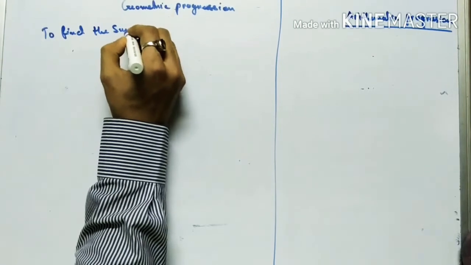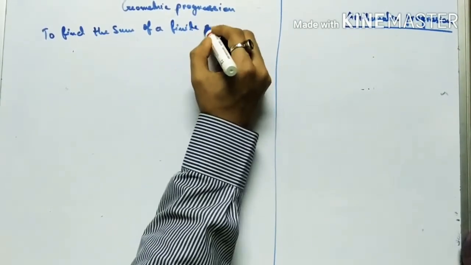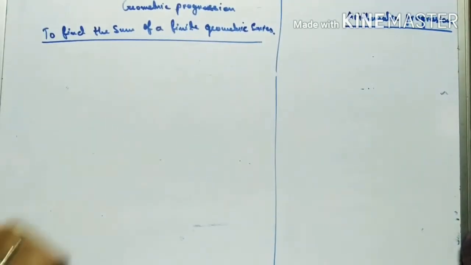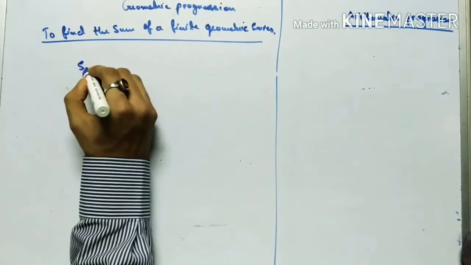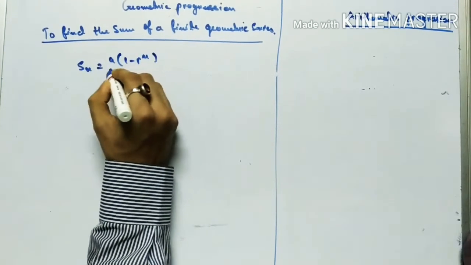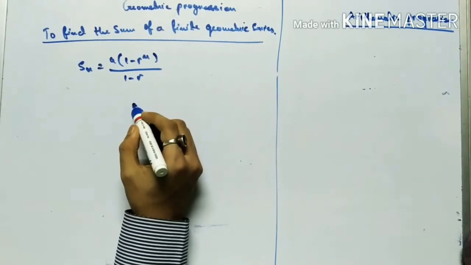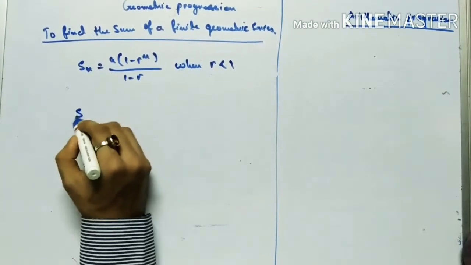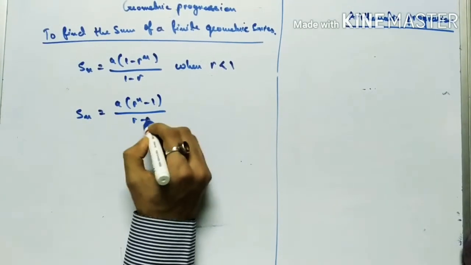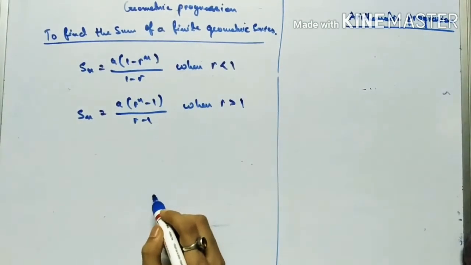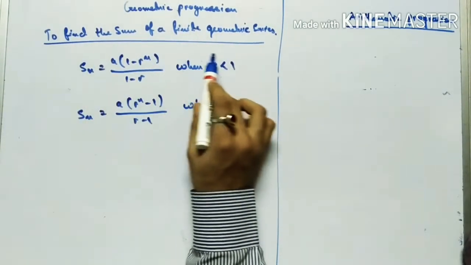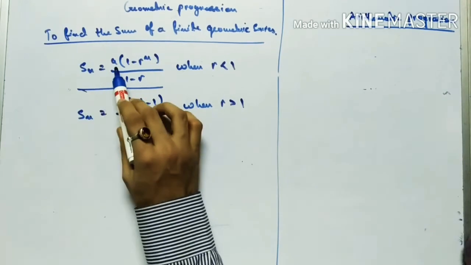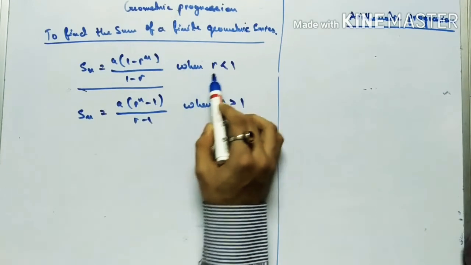To find the sum of a finite geometric series, the formula is Sn is equal to A into 1 minus r to the power n by 1 minus r when the common ratio r is less than 1.